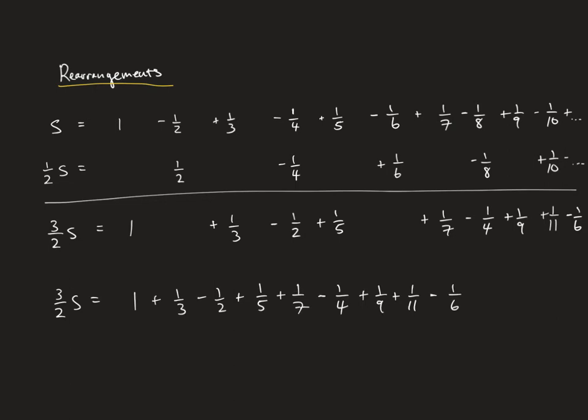What's happening here is we're taking two positive terms and then a negative term. So the first two positive terms are 1 and 1/3, then we take the first negative term, then the next two positive terms, and then the next negative term after that. We keep going along in this fashion.